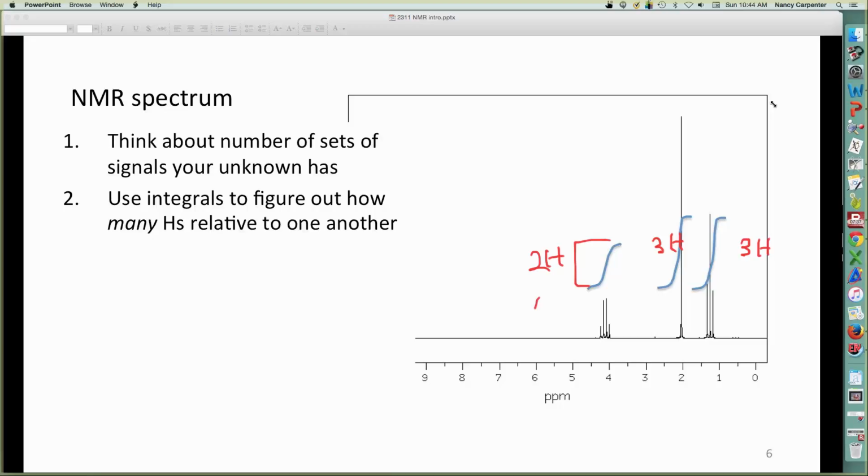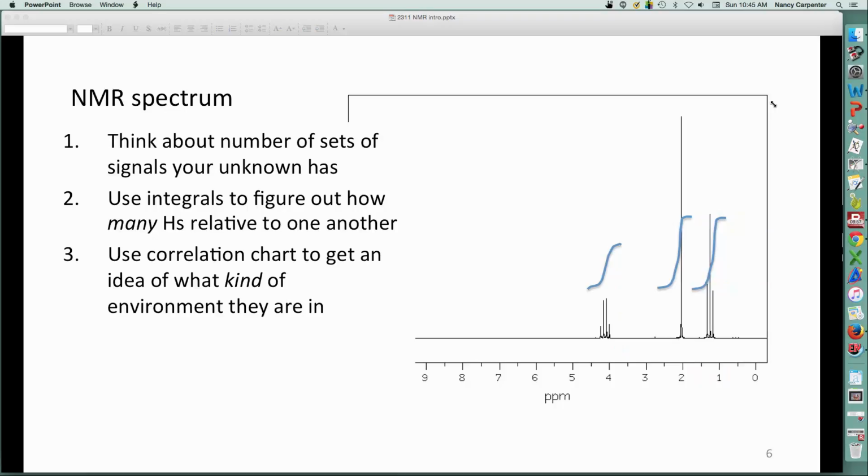This could be 4 hydrogens to 6 hydrogens to 6 hydrogens. But what is certain is that since these 2 integrals have the same distance from bottom to top, this signal and this signal are representing the same number of hydrogens. And this one over here is 2/3 that number because it's about 2/3 the height of those integrals on the right.